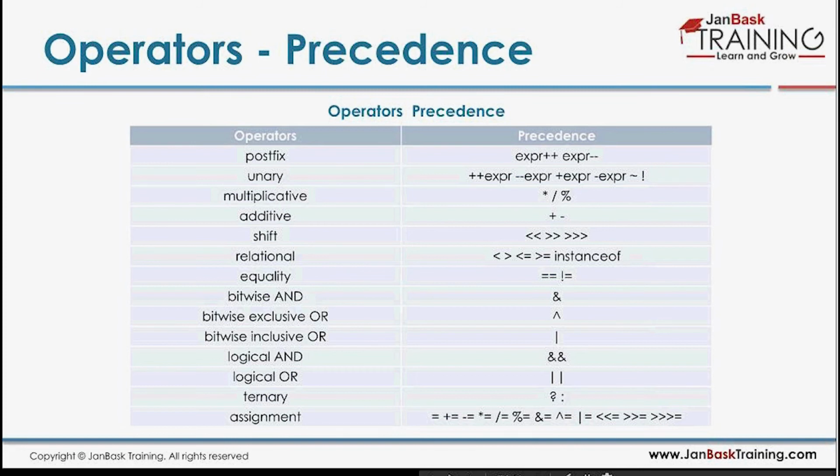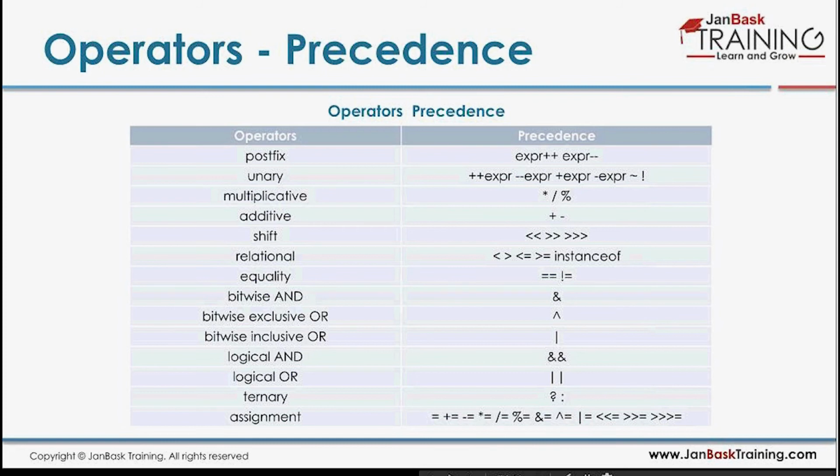Which operator is acted upon first? So this table, if you see here, is a good example. The topmost operator has the highest precedence, and then it goes on like this.